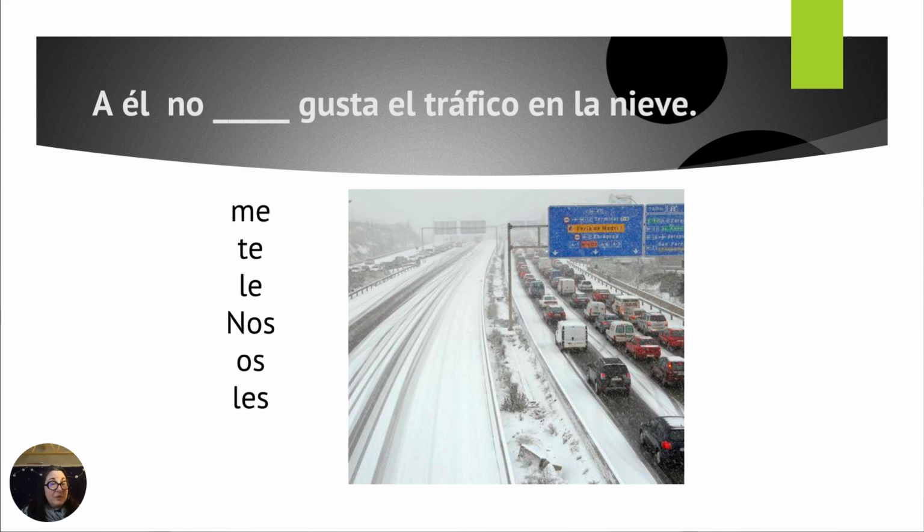Invierno, wintertime, you know. All right. A él no le gusta el tráfico en la nieve. So snowy traffic is not pleasing to him. Nobody likes that. Nobody likes that. Well, es peligroso, right? It's dangerous. Es peligroso. Okay.